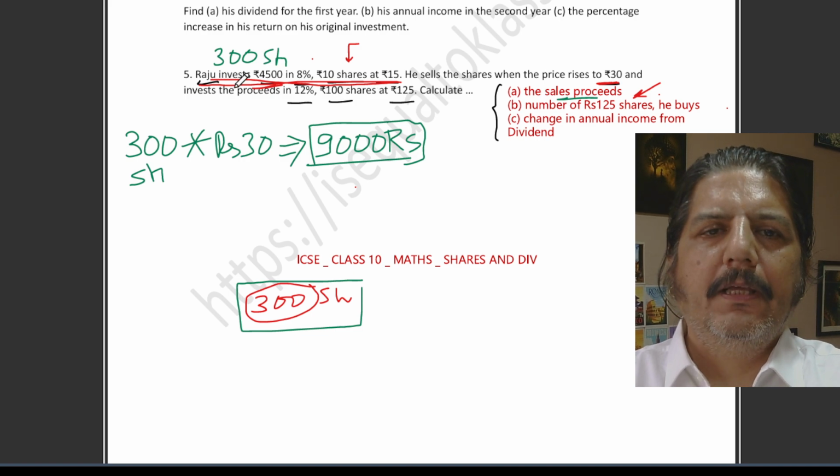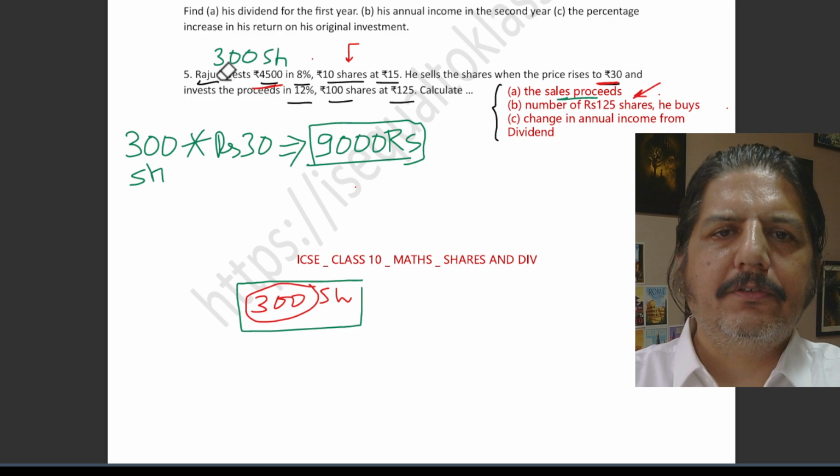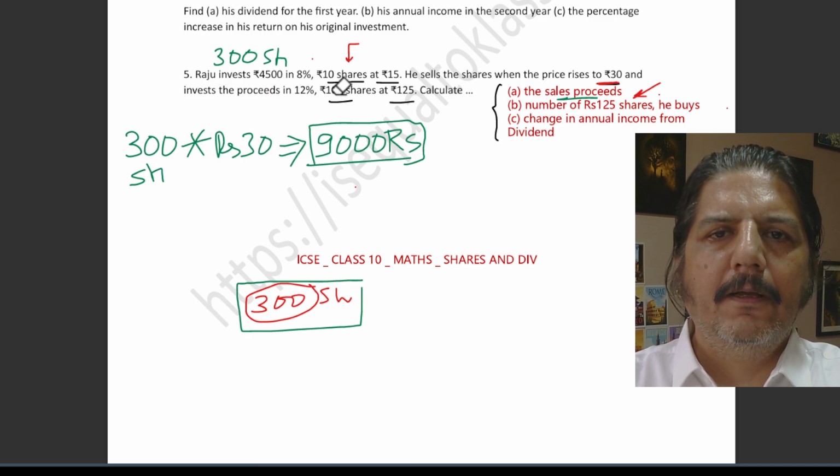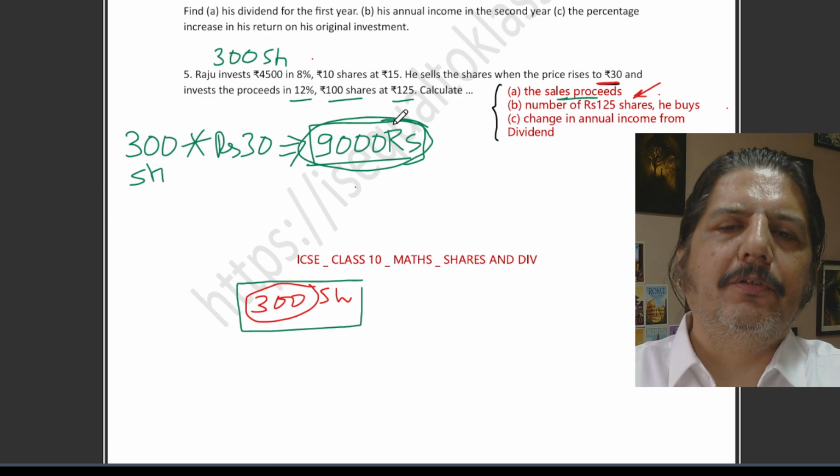Okay. And invests the proceeds. Then he invests this money. Which money? He invests this money, in 12% rupees 100 shares at rupees 125.